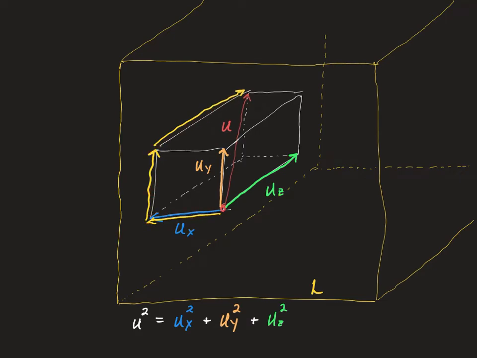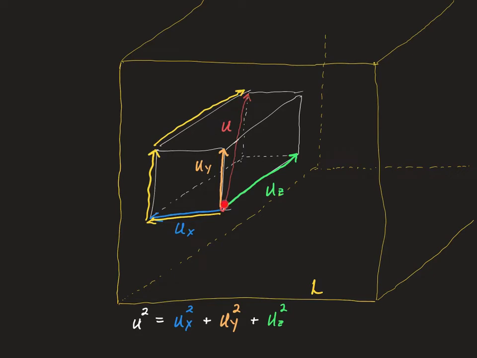And so then we can express the original velocity, right? Because it is a hypotenuse crossing from lower right front to upper left rear, right? Lower right front to upper left rear.